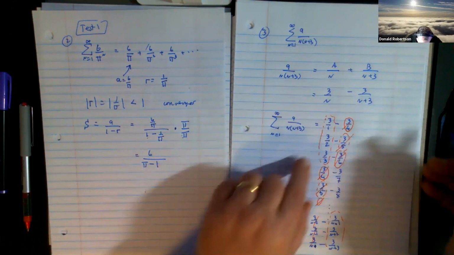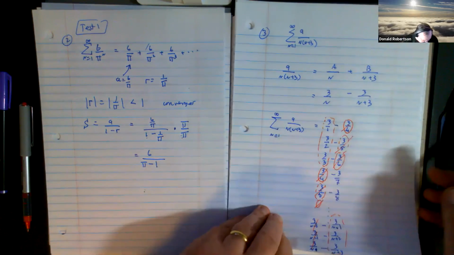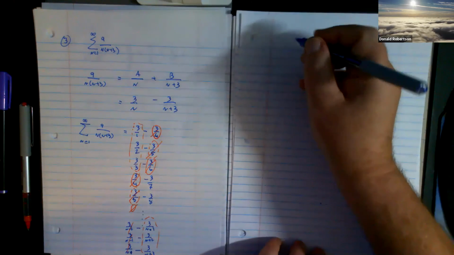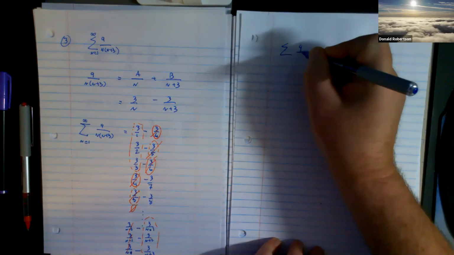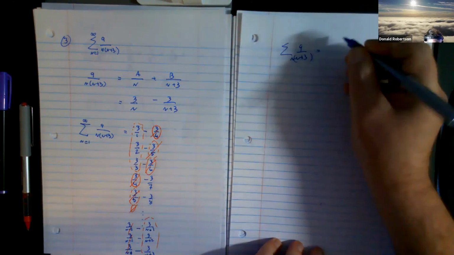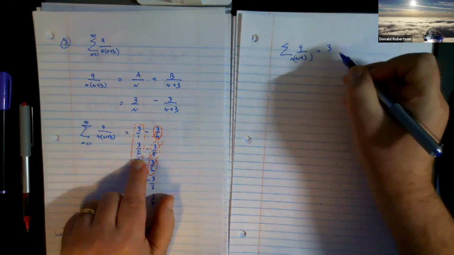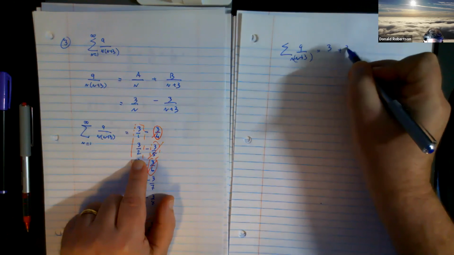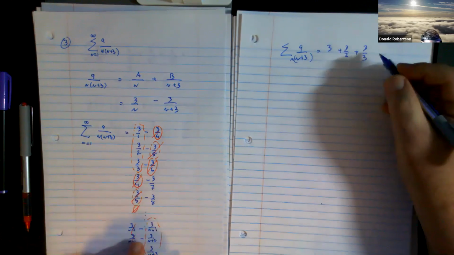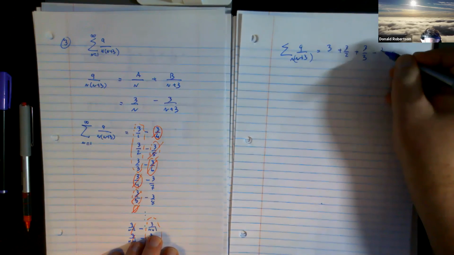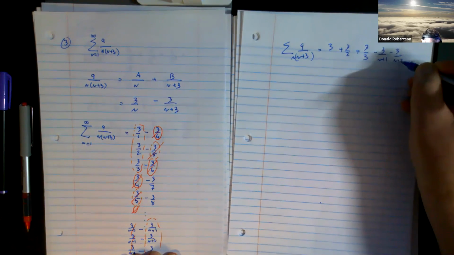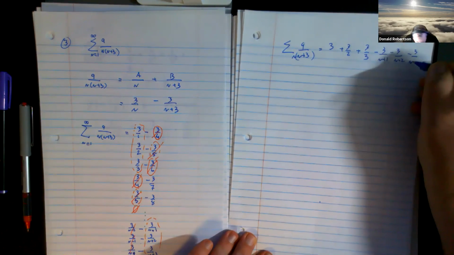So this entire mess, I'm going to have to move over here now. It is going to be made up of a 3 over 2, a 3 over 3, minus this term, and this term, and lastly this term.